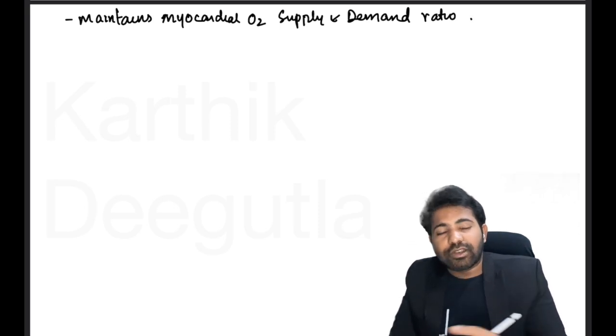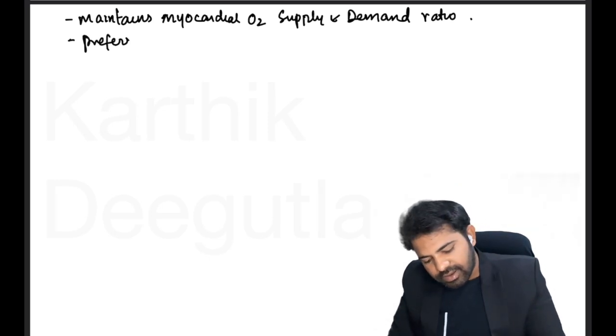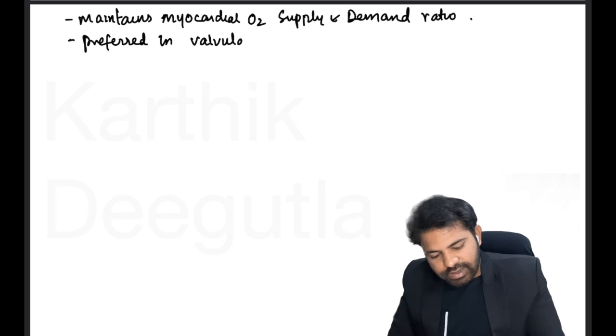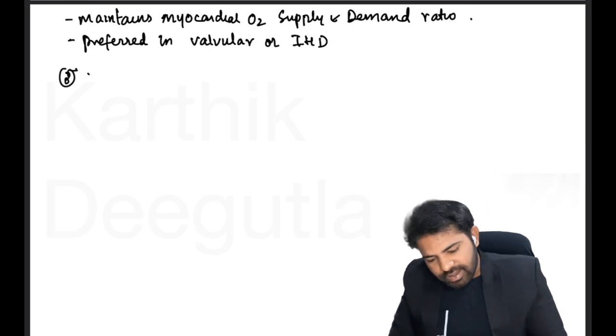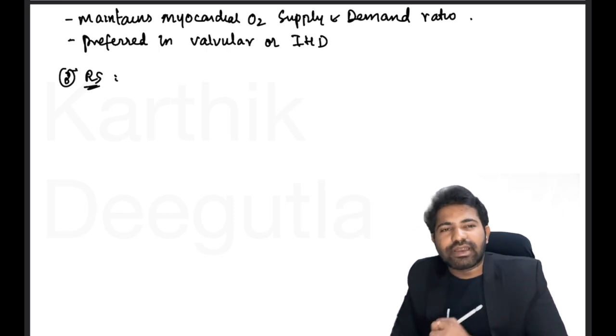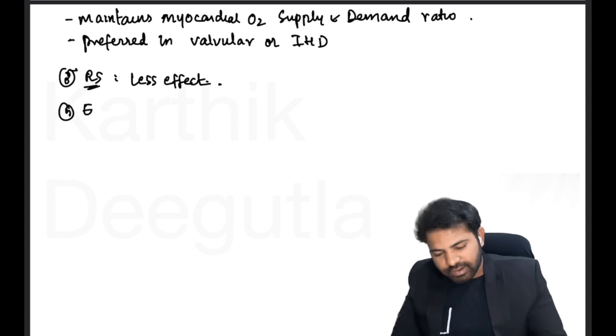And it is also the preferred agent in valvular or ischemic heart disease patients. Is this clear? Next, we have the respiratory system. It has very little effect on ventilation, not much change. That is a very good thing about etomidate.